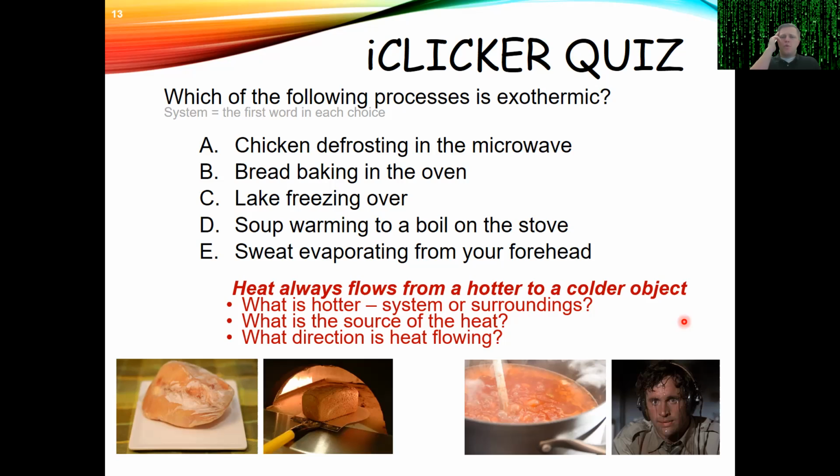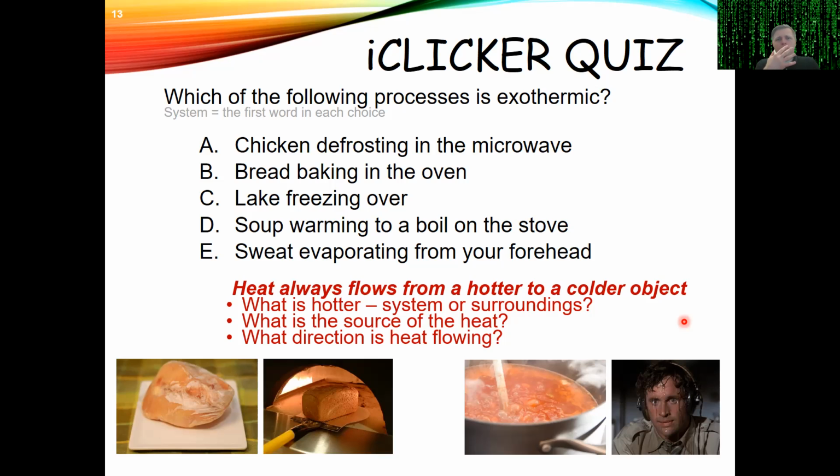So if you have sweat on your forehead, what is your system? Well, your system is not your forehead. Your system is the sweat. But we're going to figure this out by asking what happens to the system. So if I have sweat on my forehead and a breeze blows by, that sweat is going to evaporate and I'm going to feel colder, right? That's the whole purpose of sweat. It's designed by God to cool our bodies when we get hot.